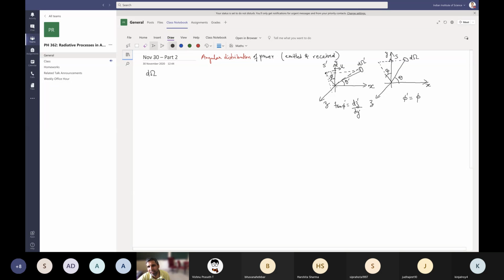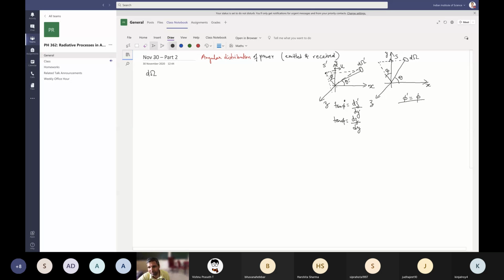So tan phi prime is that, and tan phi is equal to dz by dy. We know from Lorentz transformations that the transverse directions are unaffected, right? dz prime is equal to dz and dy prime equals dy. So their ratios are also the same. So phi prime is equal to phi. Clear? The azimuthal angle, the angle in the plane perpendicular to the direction of velocity, which is x, does not change.